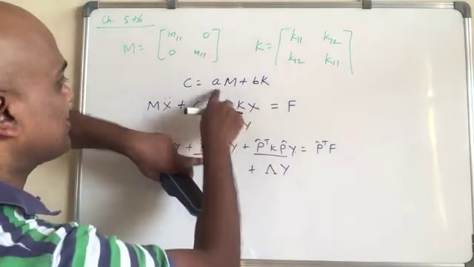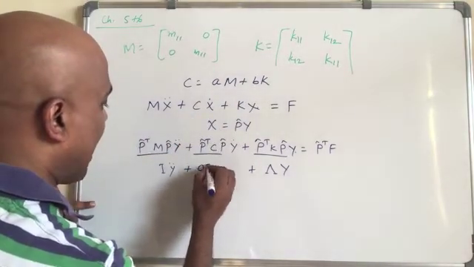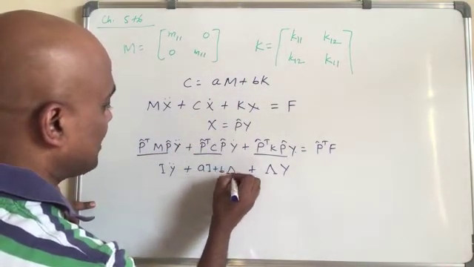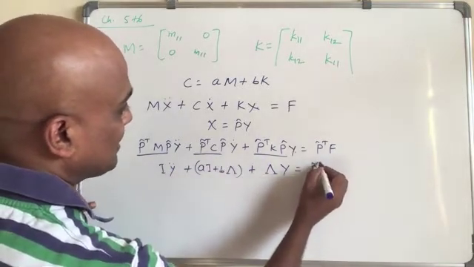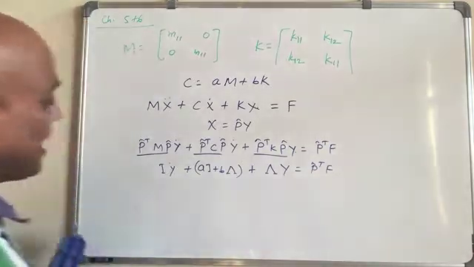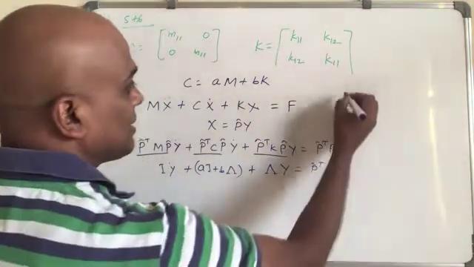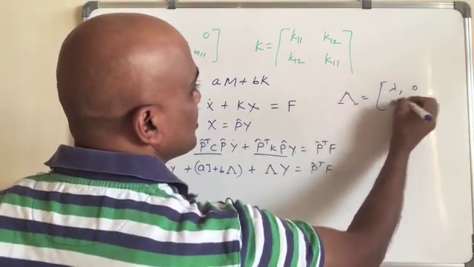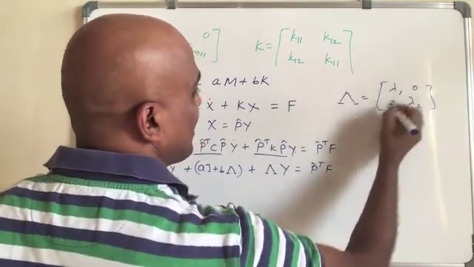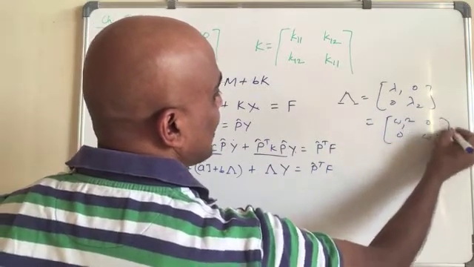Since C equals this, if you put it here, automatically we get A I plus B lambda matrix, equal to P hat transpose F, and automatically this is diagonal now. Here we have lambda 1, 0, 0, lambda 2, where lambda 1 equals omega 1 square, 0, 0, omega 2 square, of this form.